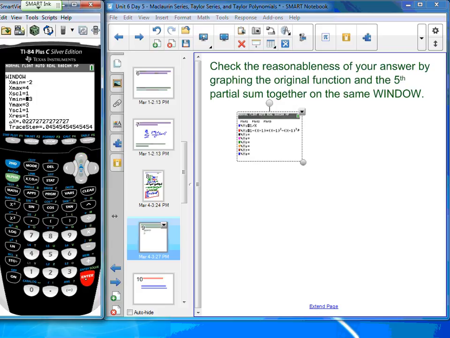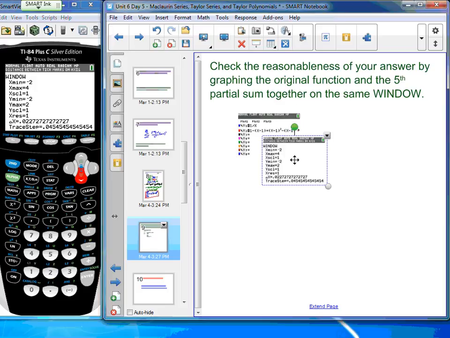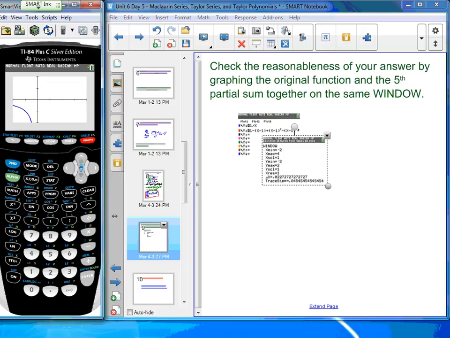And we could try negative 2 to 2. Maybe. If I don't like it, I'll just change it. All right, let's see how we do. There comes our reciprocal function, 1 over x, and here comes our fifth partial sum somewhere. Oh my gosh, look at that.